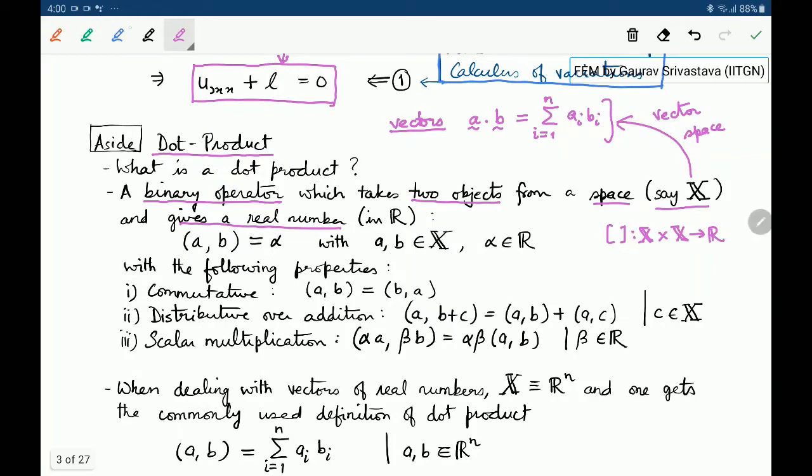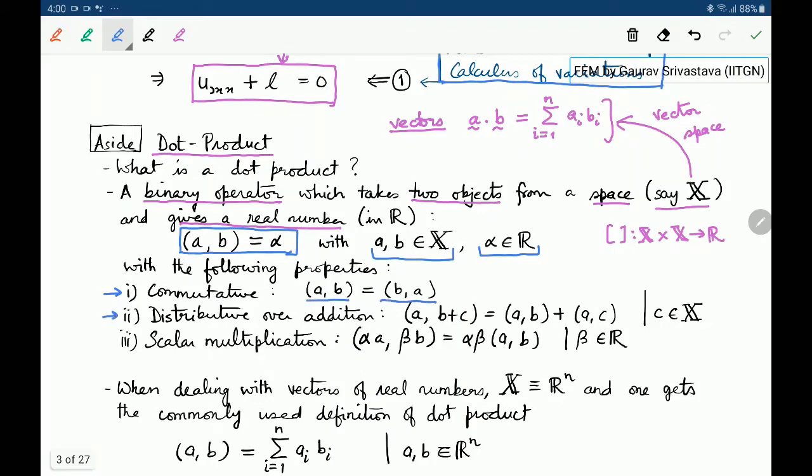So if we define that A comma B equal to alpha is a dot product, with A and B coming from the space X and alpha belonging to the real line, there are a few properties which have to follow. One is the commutative property, which means A dot B and B dot A are the same.